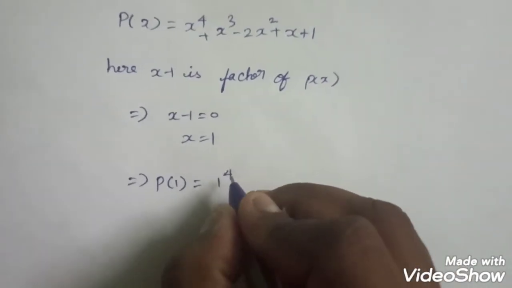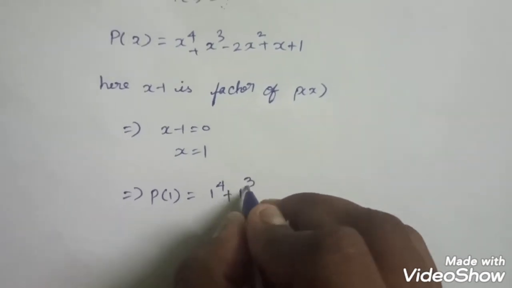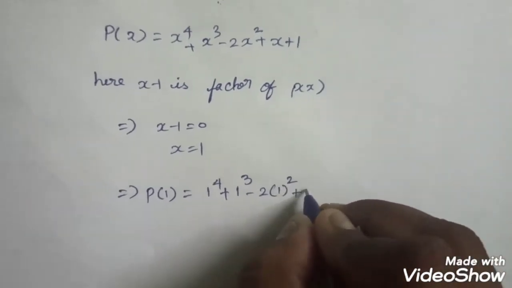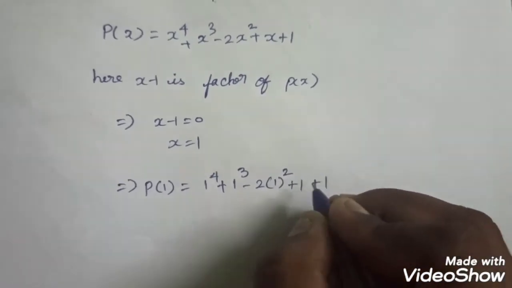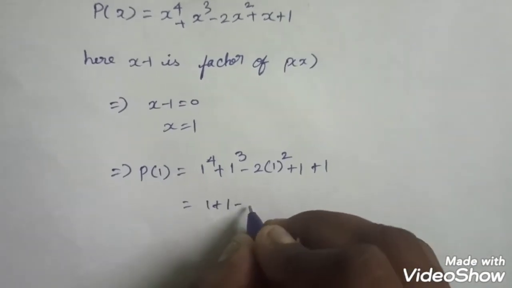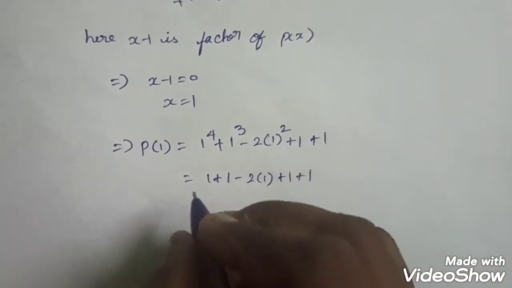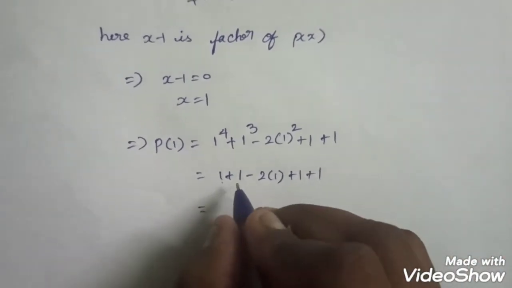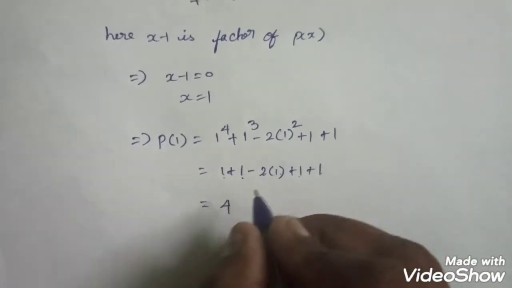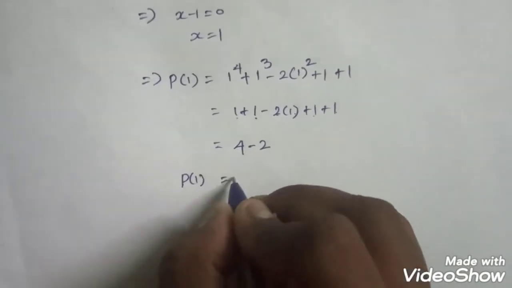So 1 power 4 plus 1 cube minus 2 into 1 the whole square plus 1 plus 1. Here 1 plus 1 minus 2 into 1 plus 1 plus 1. Here 1, 2, 3, 4. So 4, 2 into 1 minus 2. So p of 1 is equal to 2.